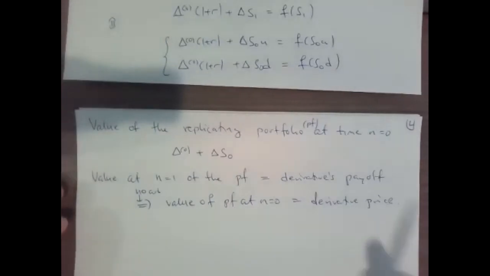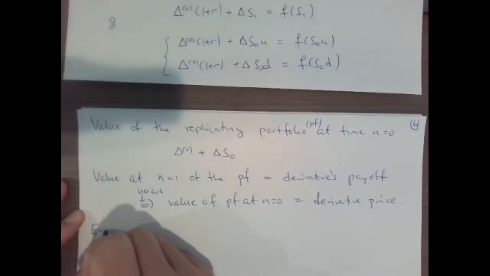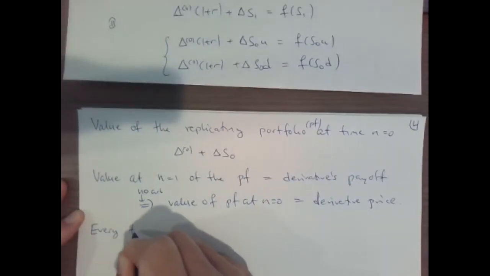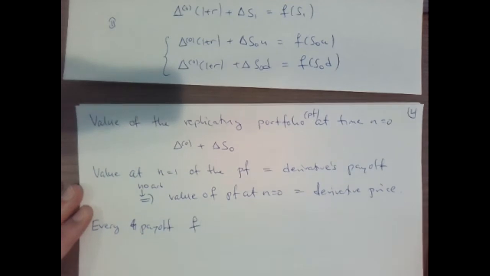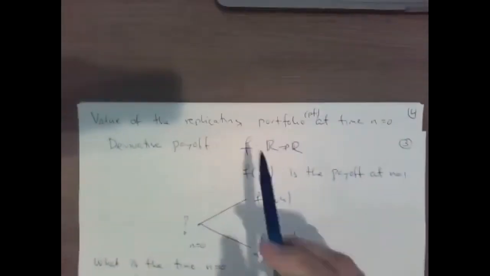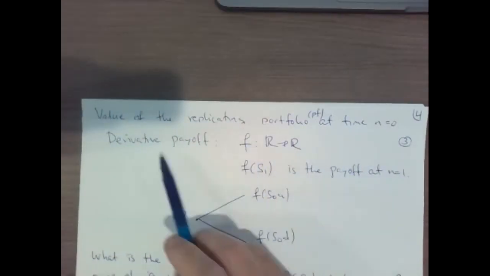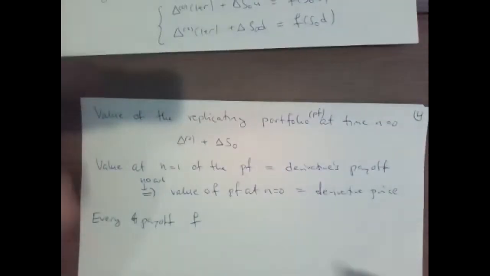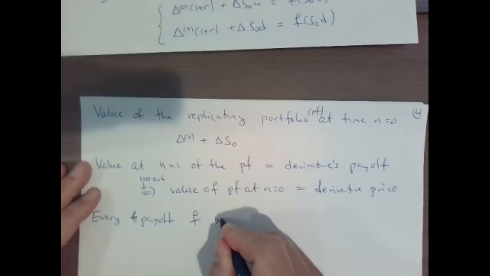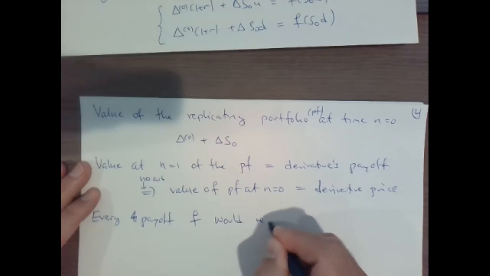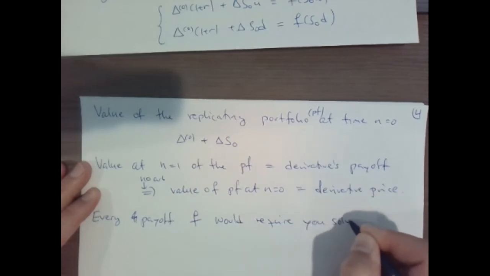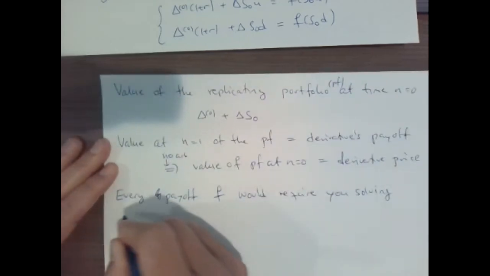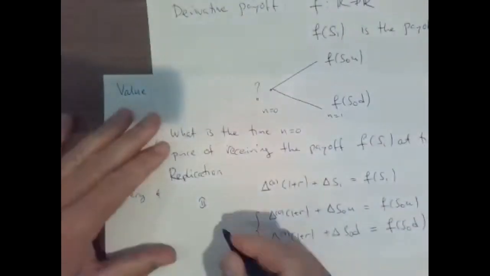So every payoff f, that was my function to begin with, every payoff f would require you solving the replicating equation, so let's call it star.